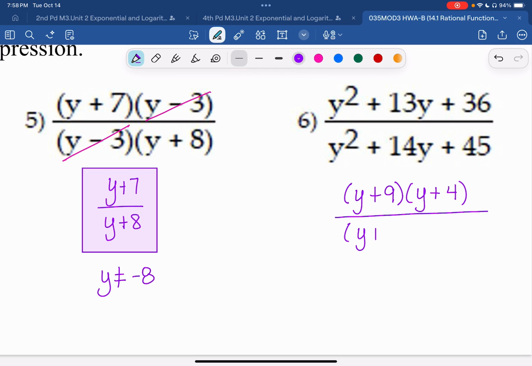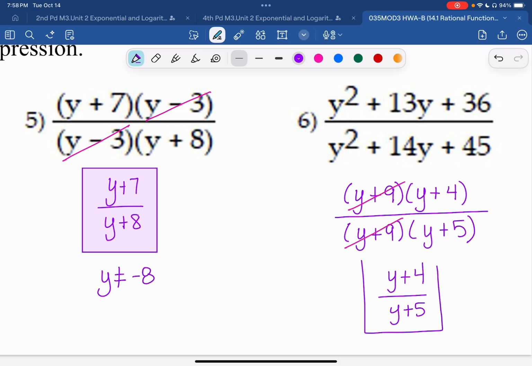So that's y plus 9 and y plus 5. And so now my y plus 9s can cancel, and I'm left with y plus 4 over y plus 5. Again, since I've got a denominator that has a variable, I want to list out that restriction. So y cannot equal -5 because that's going to give me a 0 in the denominator.